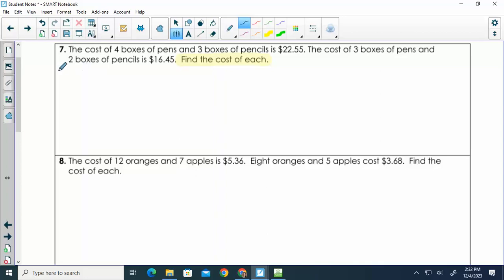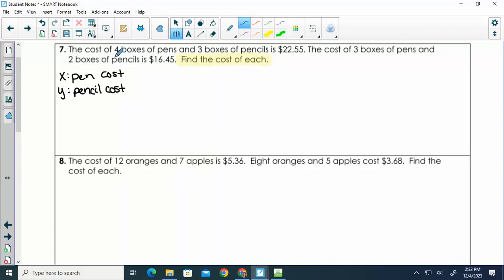I need the cost of each. So x could be the pen cost, and y could be the pencil cost. You guys okay with that?